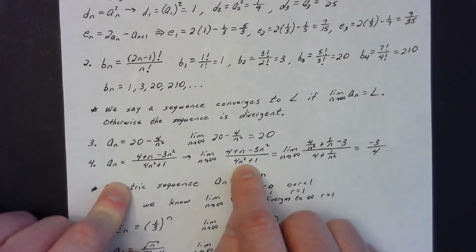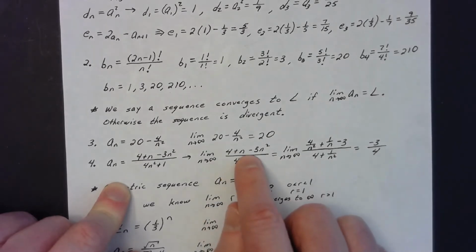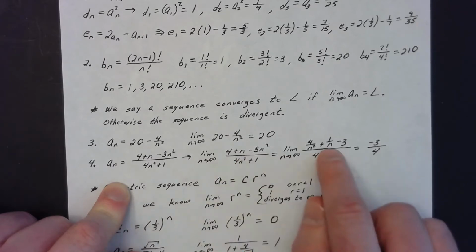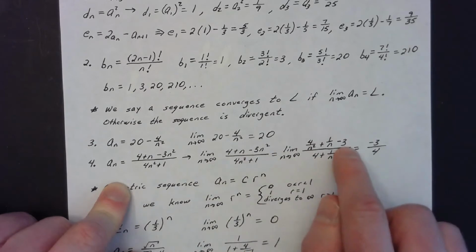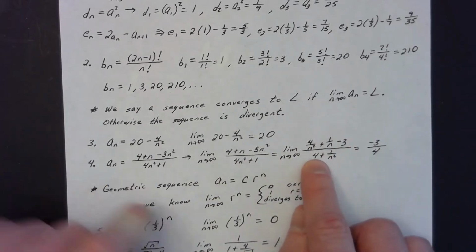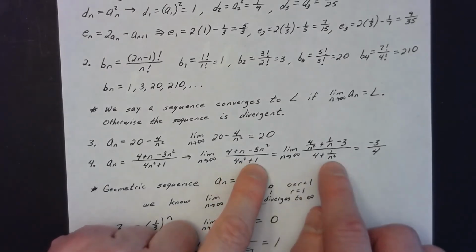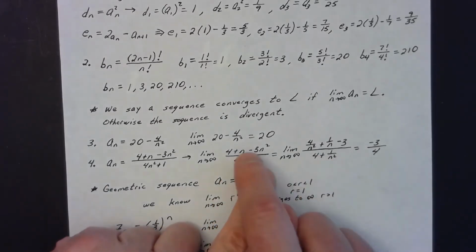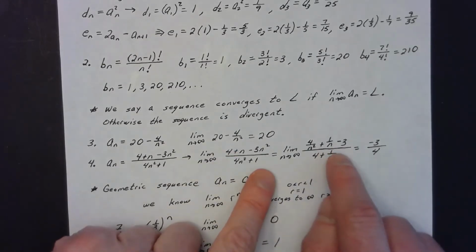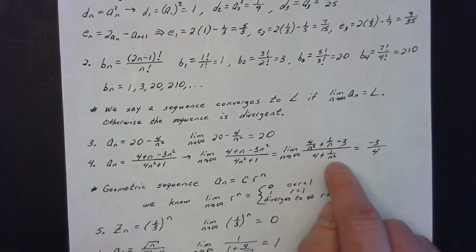So 4 over n squared plus n over n squared becomes 1 over n. And then 3n squared over n squared just becomes minus 3 there. My denominator, 4n squared divided by n squared is just 4, and then I divide the last term by n squared. So this is the same thing as this. This is just trying to show it out in a better format.